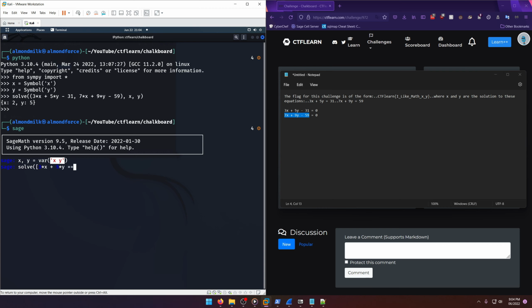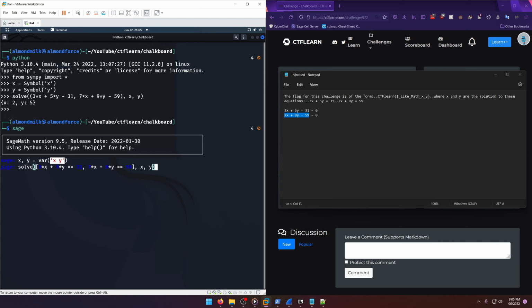You need to do double equals 31. Okay, see, we didn't have to set it to 0. And then you're going to put a comma, and then we're going to do 7 times x plus 9 times y double equals 59. Okay, and then just like in SymPy, we're going to put x and y as the variables we want to solve for.